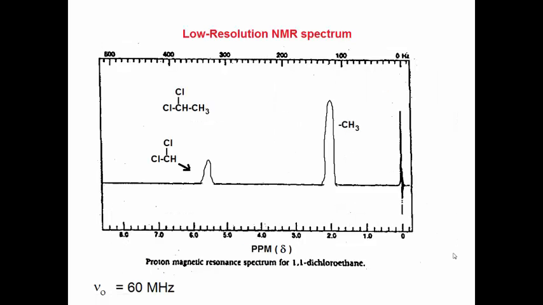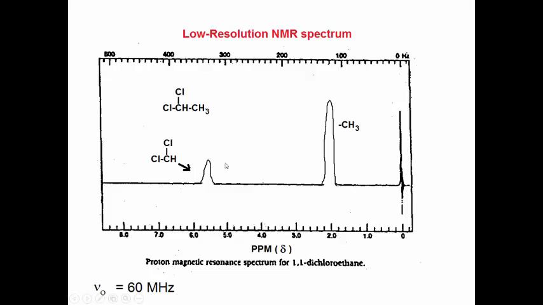Here's another spectrum. This is a spectrum of 1,1-dichloroethane. This particular spectrum is done also at low resolution. Because it's done at low resolution, one of the things that we note is that the peaks for it are broader than what we've seen before.